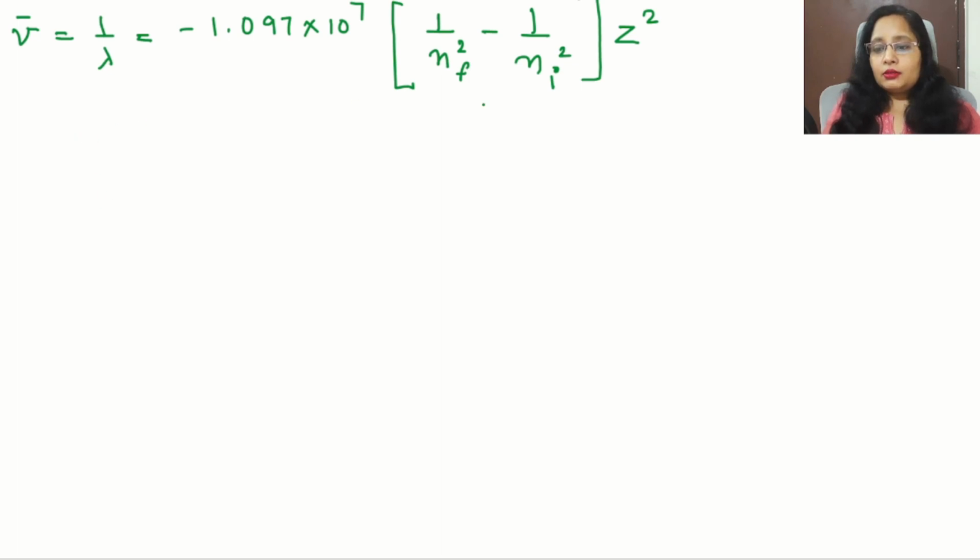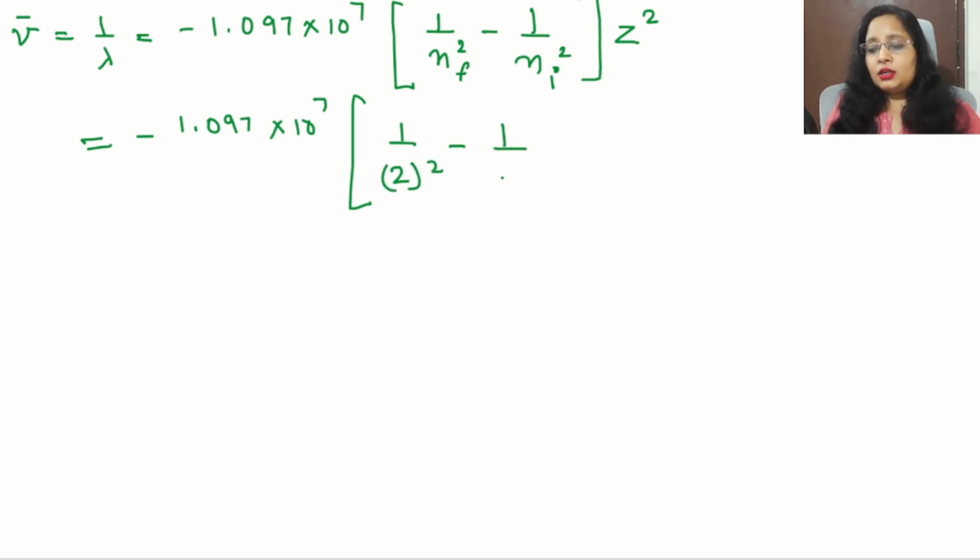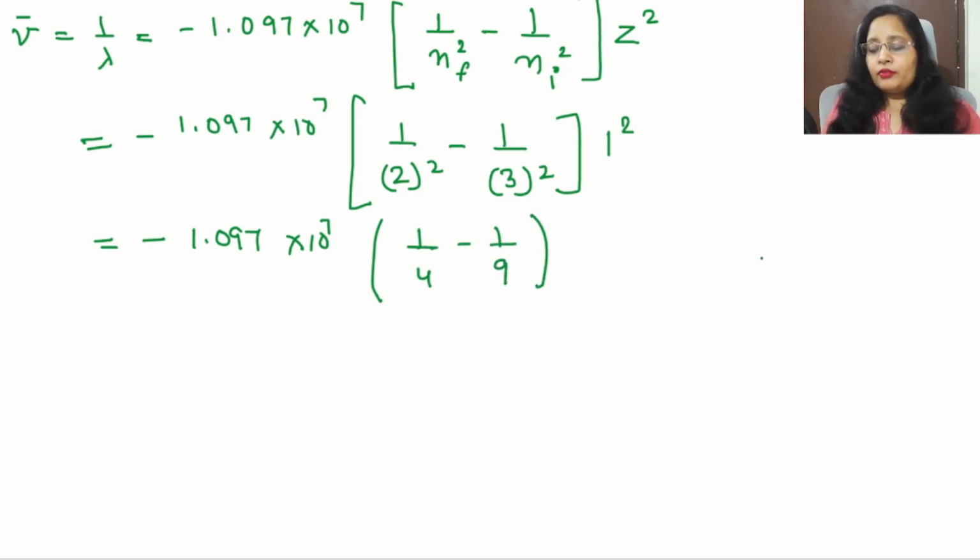Now let's start putting in the values. It is minus 1.097 into 10 to the power 7, in brackets 1 upon 2 square minus 1 upon 3 square, and in place of z we write 1 square. That is minus 1.097 into 10 to the power 7, in brackets 1 upon 4 minus 1 upon 9, and 1 squared is nothing.